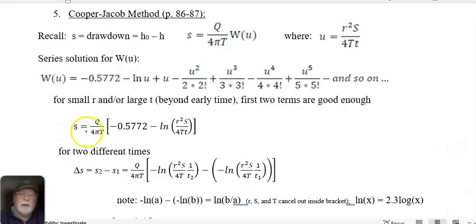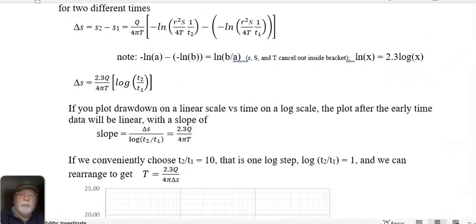So you get the drawdown equals Q over 4 pi T times the minus 0.5772 minus log of U, where U is r squared S, big S, over 4 big T, little t, transmissivity times time. And if I do that for two different times, and the drawdowns at those two different times, it looks like this.